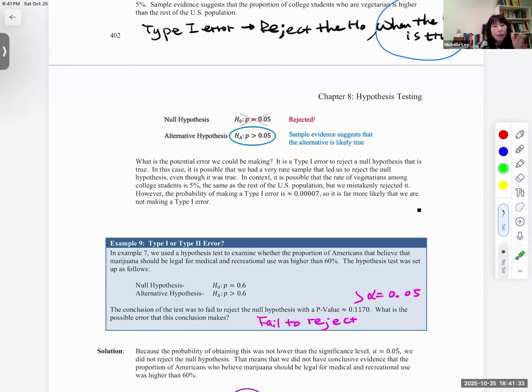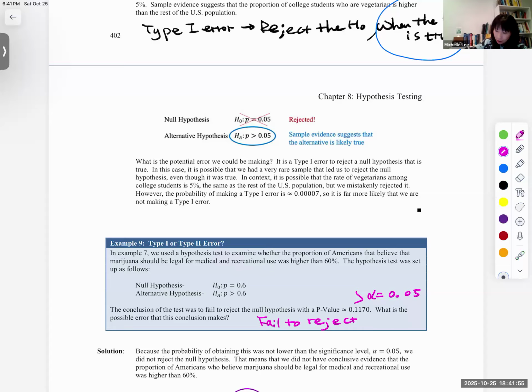We do not focus on fail to reject, we focus on whether the null hypothesis is true or false, right? In that case, fail to reject means true, but then we make an error if it is false. That's a type 2 error.